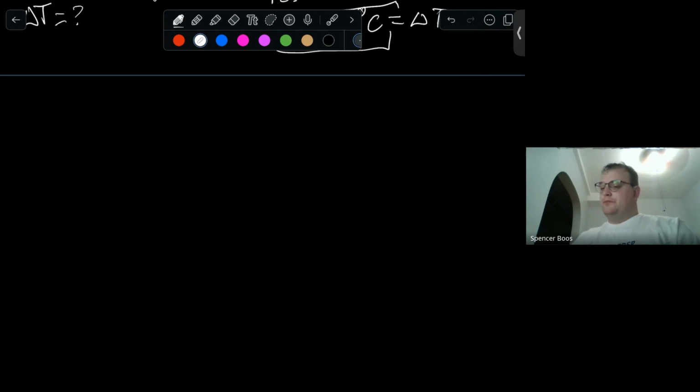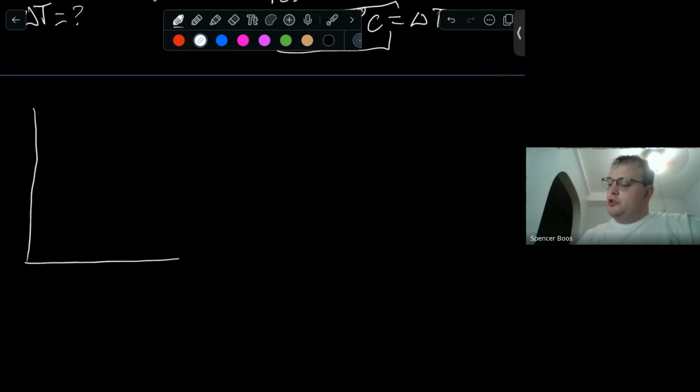Now, to make a solution unsaturated: an unsaturated solution, if you look on a solubility graph, is something that is below the curve.